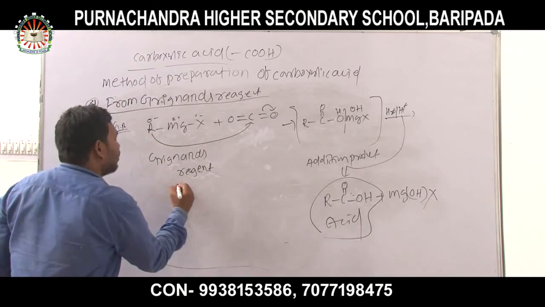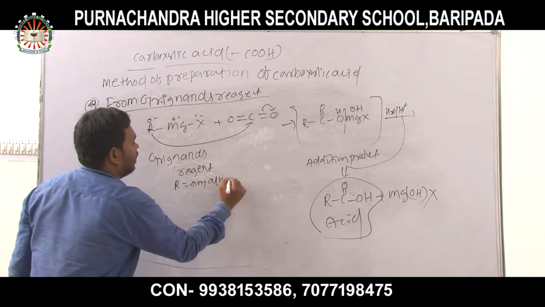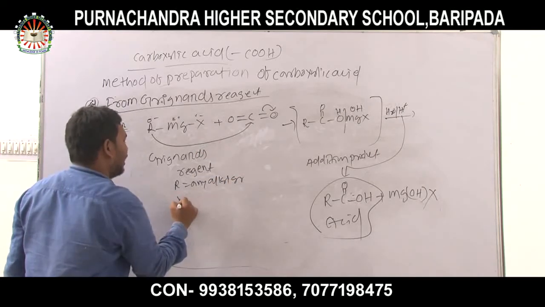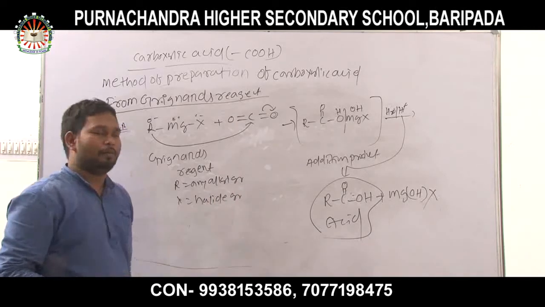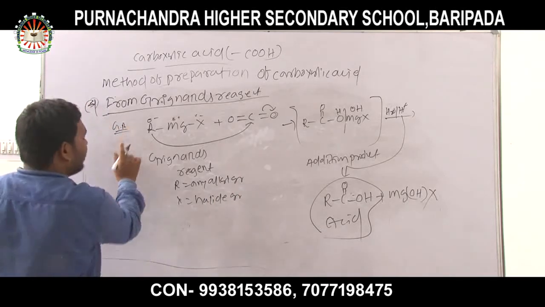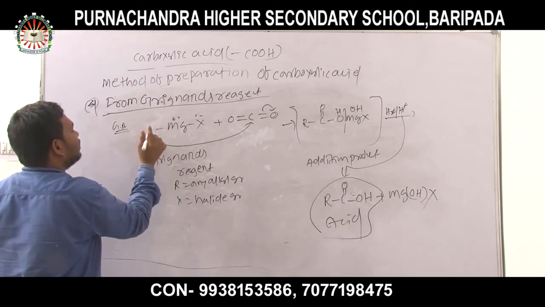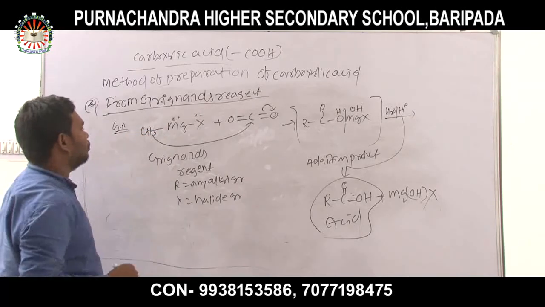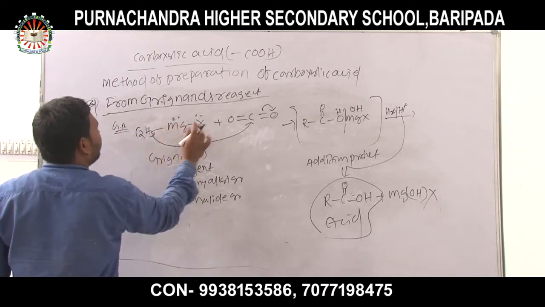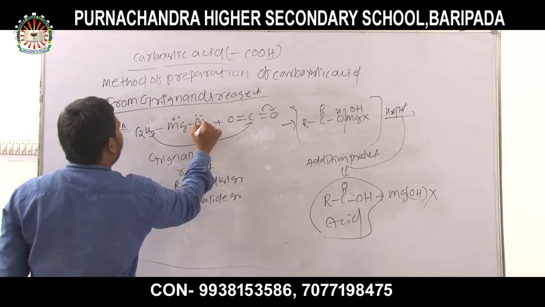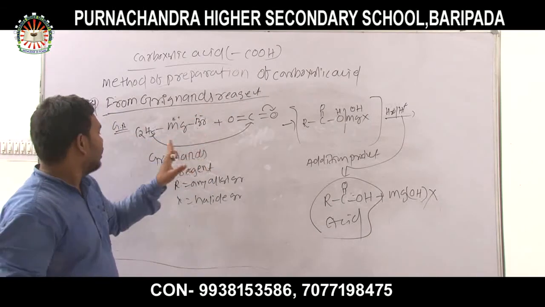Instead of R, you can use any alkyl group, and X is the halide group or halogen atom. It is the general reaction. Instead of R, we can take any alkyl group, for example methyl or ethyl. With bromine, that is called ethyl magnesium bromide, a Grignard's reagent.